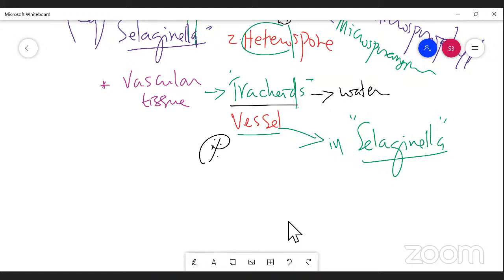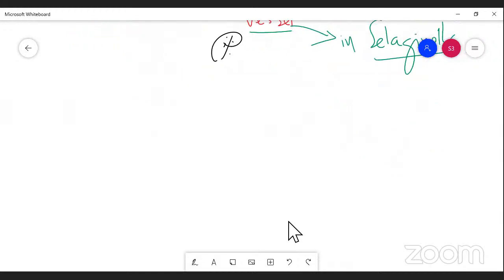Okay, my dear students. And next we pass on to the sporangium, which is of two types: leptosporangium and eusporangium.